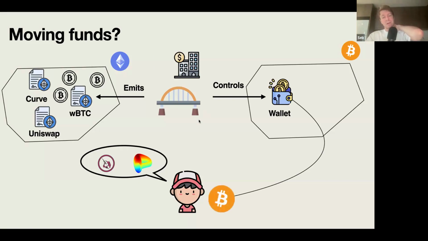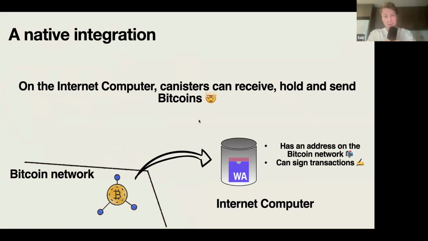So this is a problem. On the IC, we also have some security assumptions. But again, just like with the HTTP outcalls, we have a native approach of doing things. It's not a new provider. We are not adding a layer on top of the main protocol. We are actually baking the Bitcoin integration into the protocol, which means that canisters can receive, hold, and send Bitcoin, and not wrapped Bitcoin, but real Bitcoin.